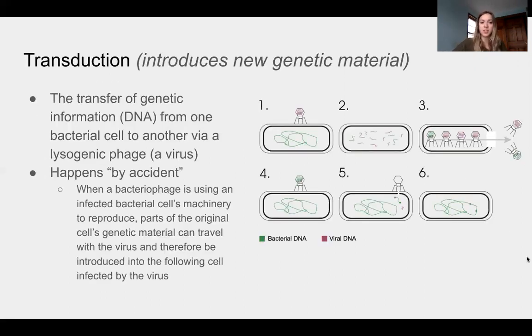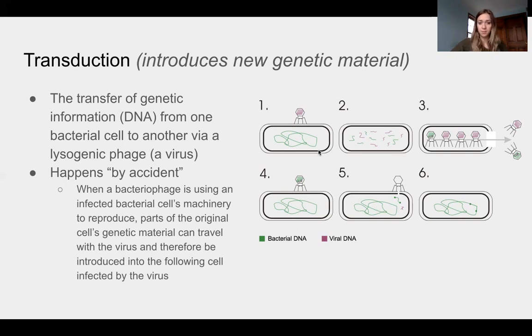All right, so transduction. Transduction is the transfer of genetic information from one bacterial cell to another via lysogenic phage. So that's a virus. So this shows a viral reproduction cycle, but also how that works to transfer DNA from one bacteria to another.